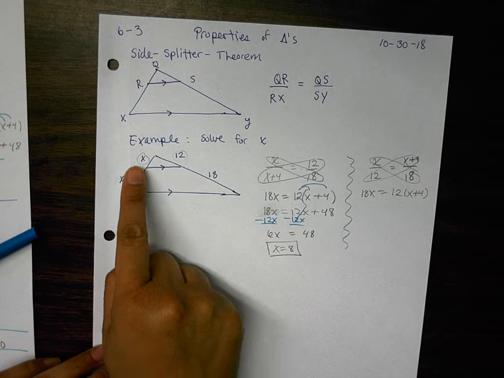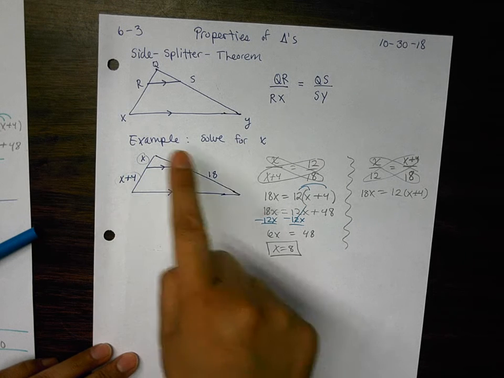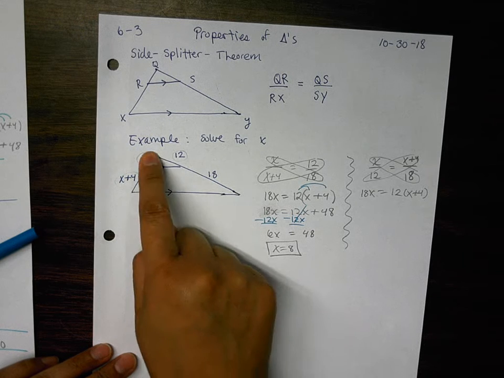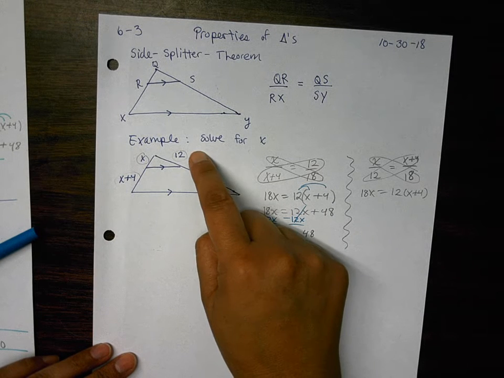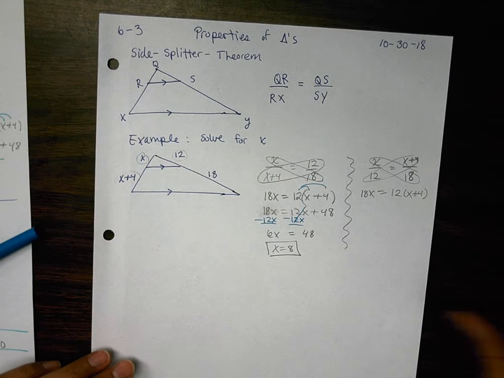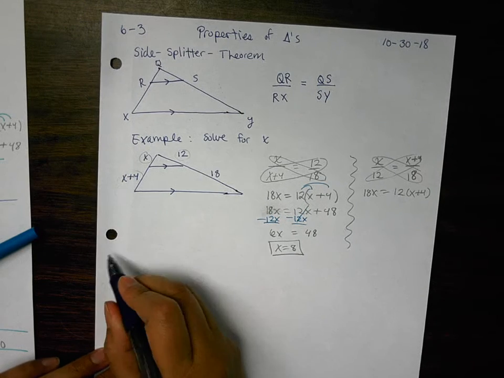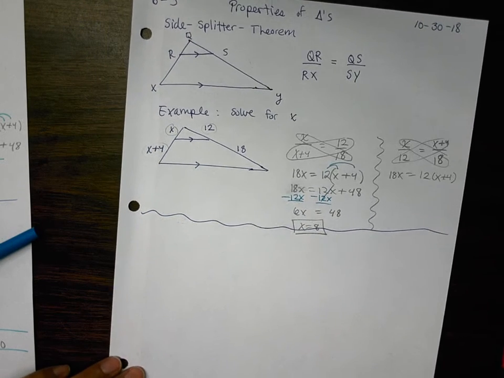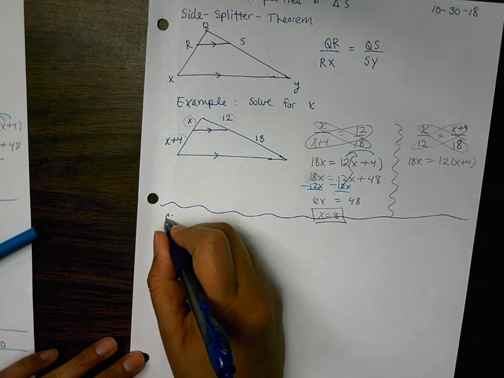Is it okay if I go across, like X over 18? No. Or if I do top bottom and then bottom top, that is not okay. You have to be consistent in whatever it is that you are doing. Questions? Okay.